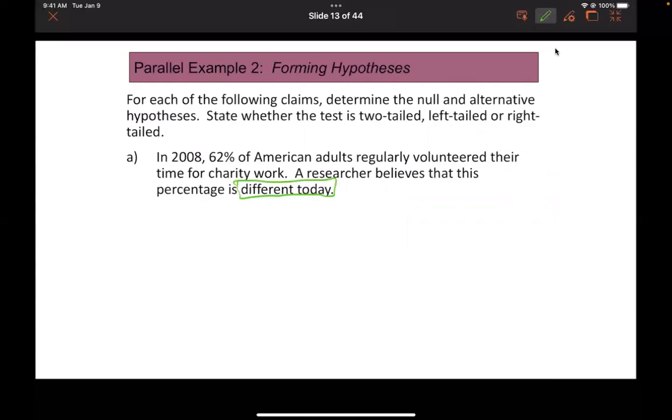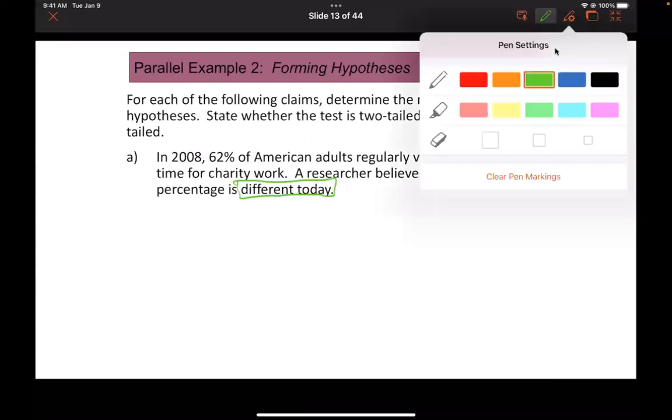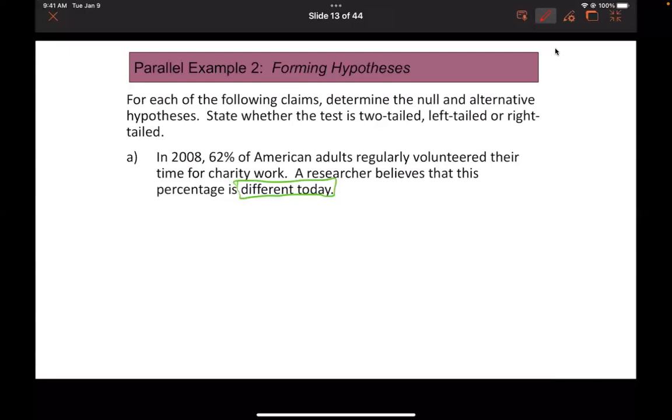Different means two-tailed test. It's going to be on the next screen, but for some reason, writing it down and talking it through seems to be helpful. So this right here means it's a two-tailed test. Our null hypothesis always has an equal. So our H sub 0 looks like this with a colon. This is a percentage, so our P equals 0.62.